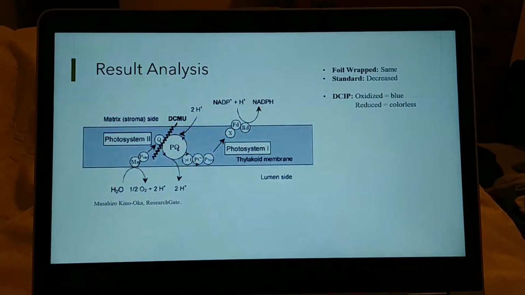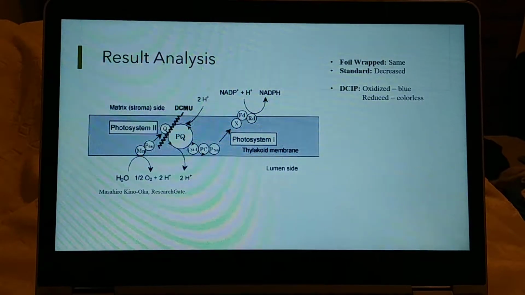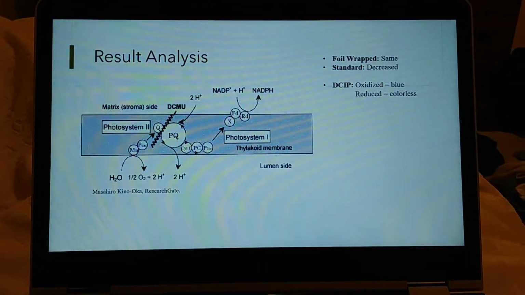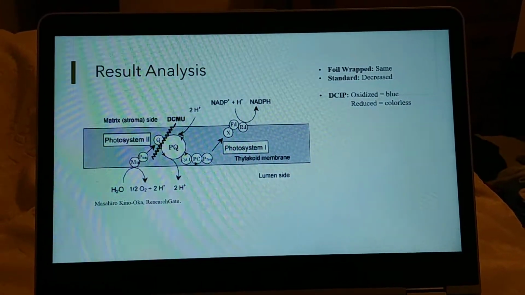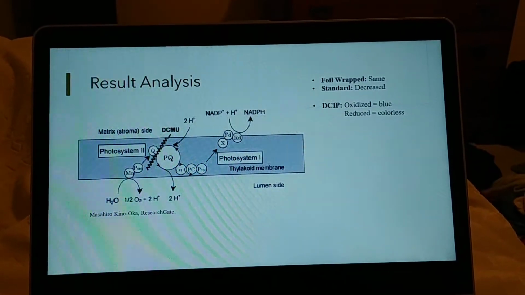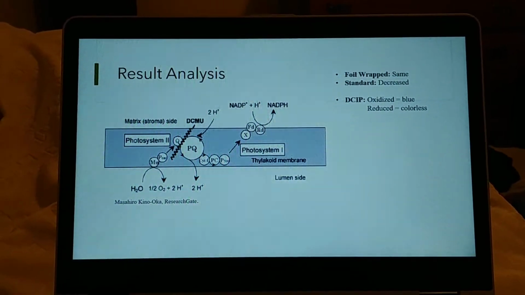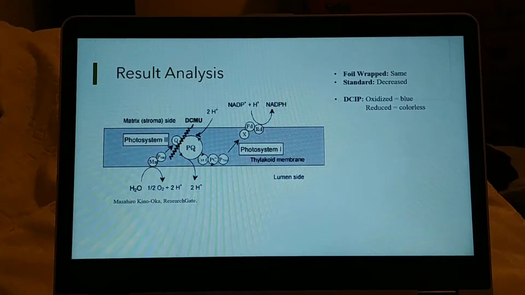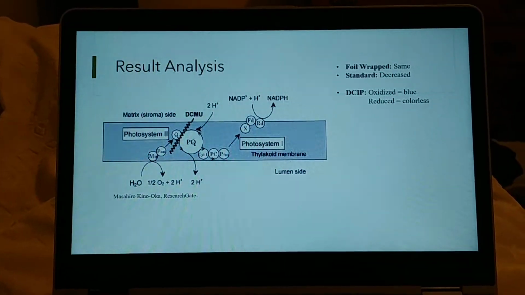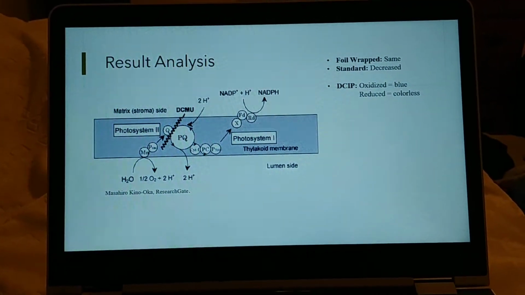So that glucose, energy, and oxygen built up within the tube, and so when it was placed in the spectrophotometer, the light within the machine wasn't able to pass through the tube as easily as it was in the beginning of the experiment, so the absorbance decreased throughout the experiment.